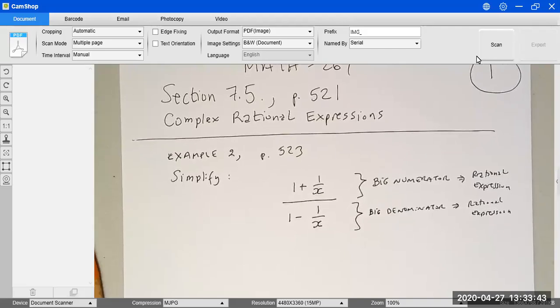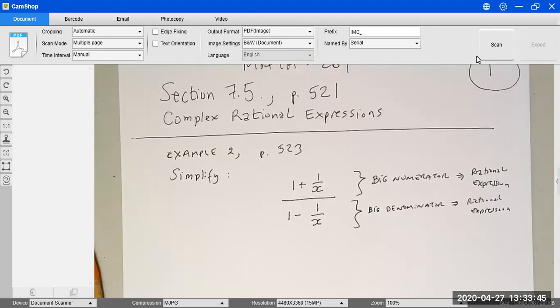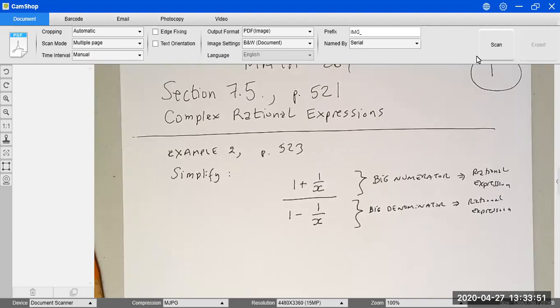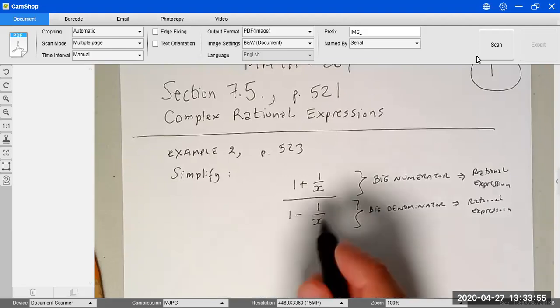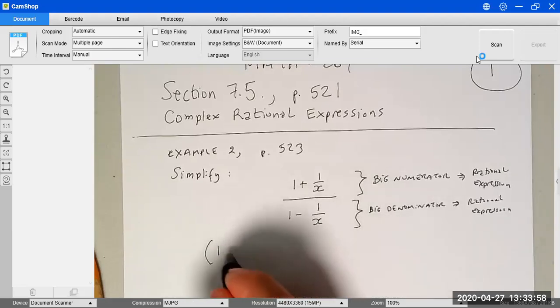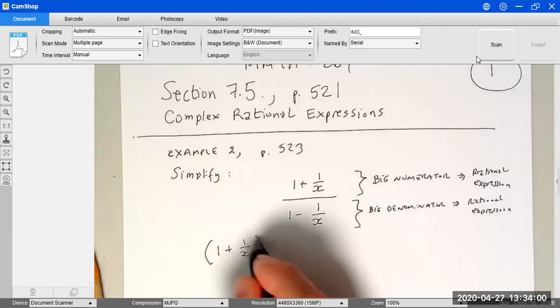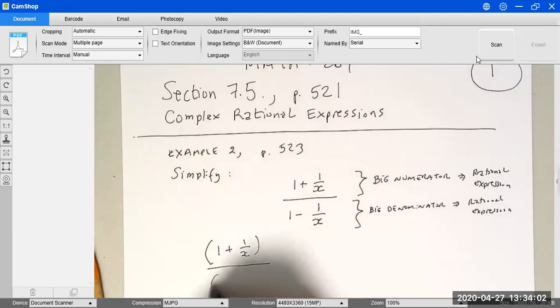To solve these problems, we're going to divide our work in two parts. We're going to work on the big numerator and the big denominator apart, and at the end we're going to combine everything. First, remember, we're going to enclose in parentheses our numerator and our denominator.